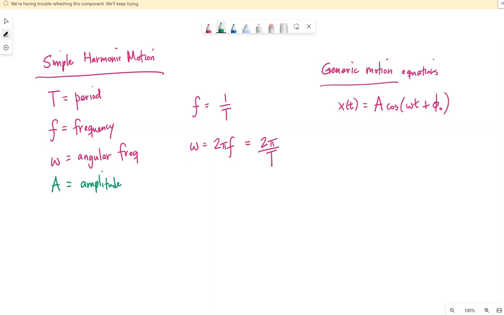Amplitude meaning the maximum distance, whatever it is that's oscillating, the oscillator, the maximum distance it goes from its equilibrium position. In the case of the simulation with the mass on the spring, that amplitude, A, was how far I pulled the mass down originally.